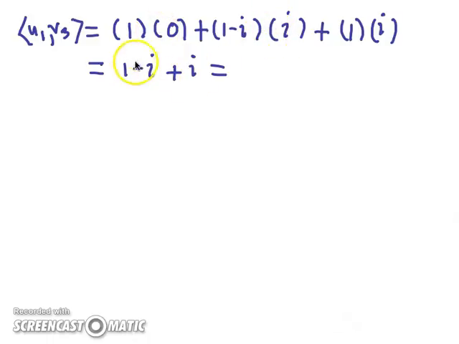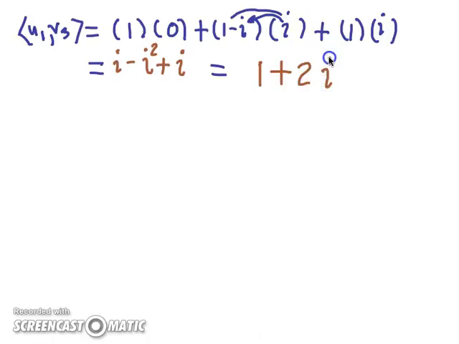When in fact, let me just redo this. Okay, we need to multiply this i times i and i times 1. So in doing so, we obtain i minus i squared plus i squared is minus 1, so this is going to be 1 here up front, and then this becomes 2i. So this inner product equals 1 plus 2i.